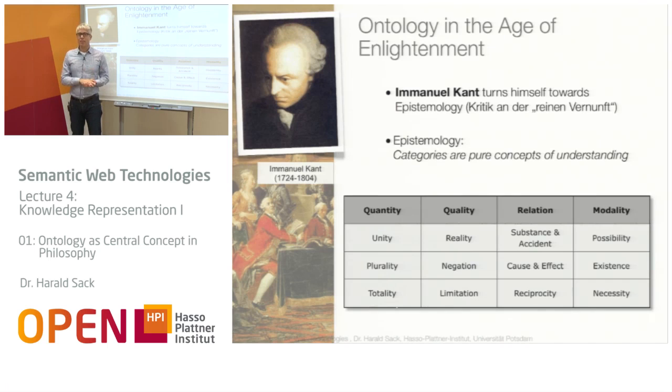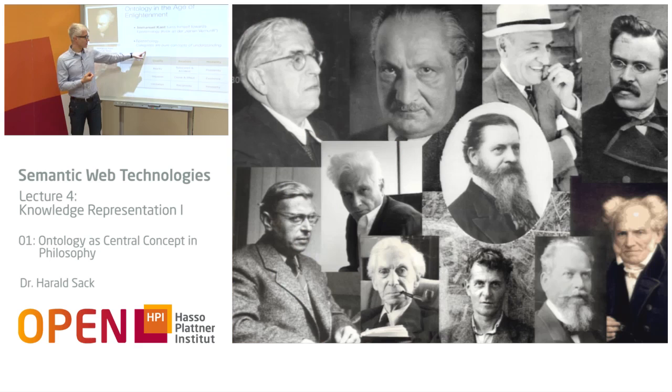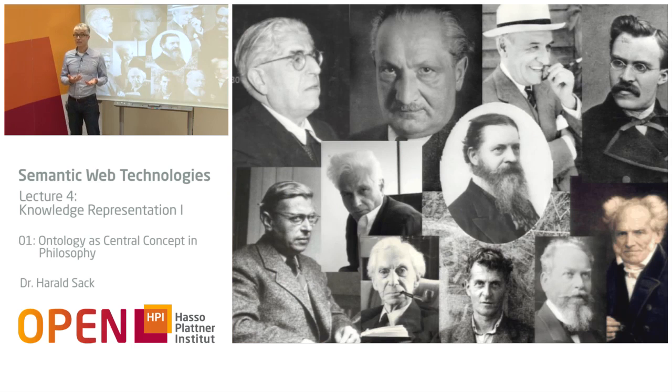So in the end, this was also a category system where you are able to structure the world, to take some object from the real world, and to put it in one of these drawers of these categories. And this is a means to explain the world and to structure the world. Of course, the subject of ontology did not stop at the Age of Enlightenment.